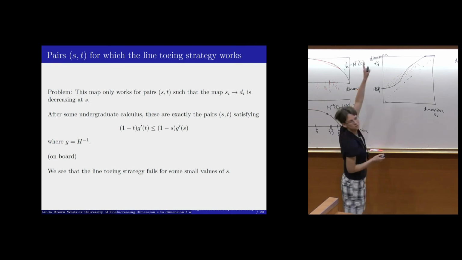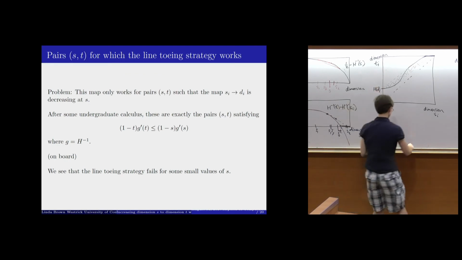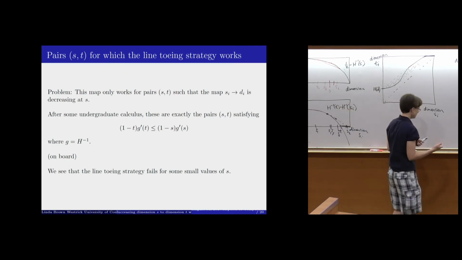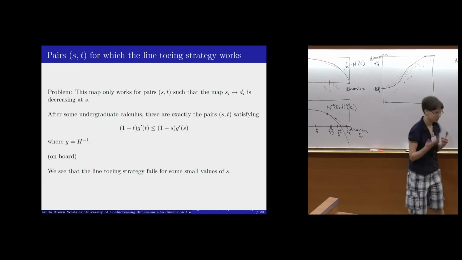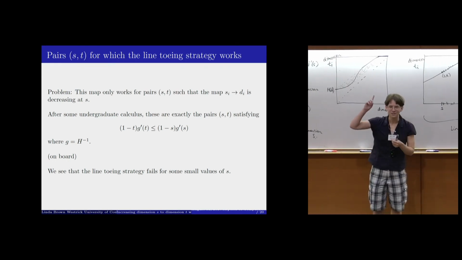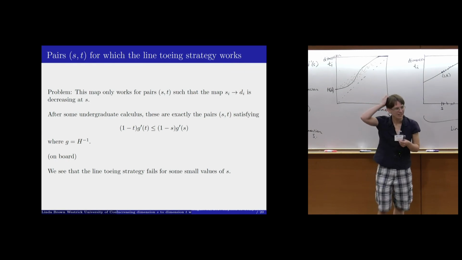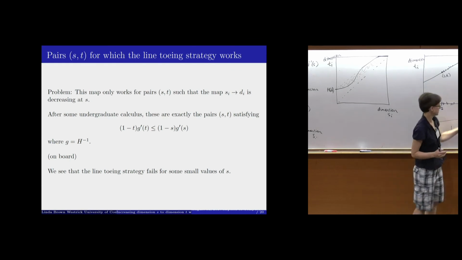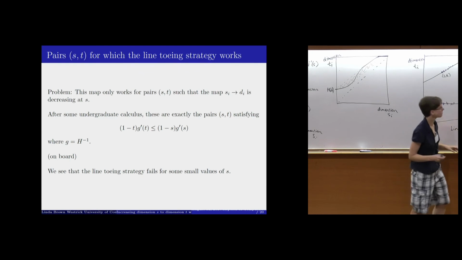Yeah, so this is what I was just talking about, but I wanted to give one more detail about it, which was to give you a formula, which I really am only putting up there in order to convince you that it's a little weird, and a picture of the pairs s, t for which this line towing strategy works.